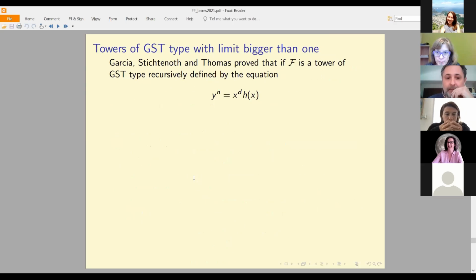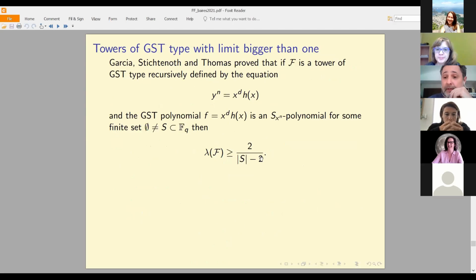They prove that this tower has this lower bound for the limit, and this bound cannot be improved because in the case of q equal to 4, it reaches this lower bound. So if you want a limit bigger than 1, so that the tower is good for studying asymptotic problems in coding theory, you need the cardinality of the set S to be less than 4.